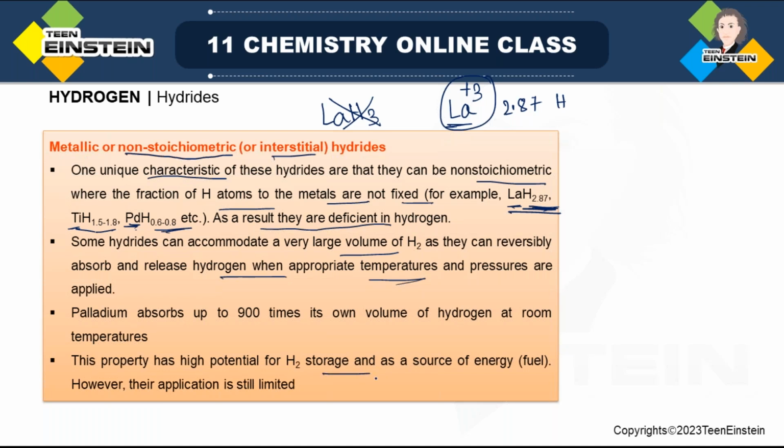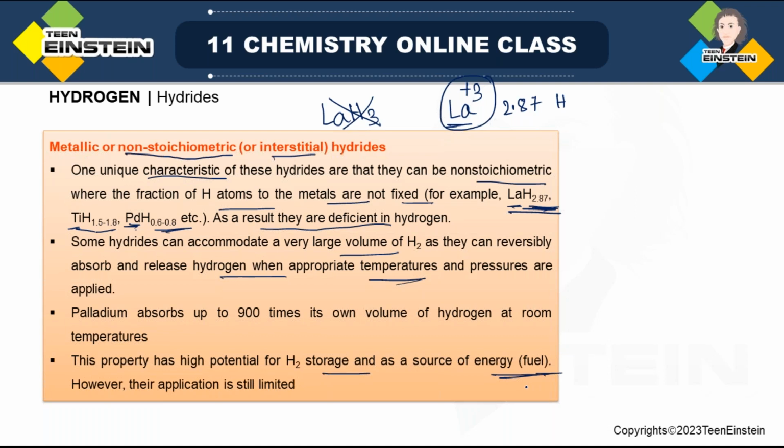We can use it as hydrogen storage, that is, as a source of energy, or it can be used as fuel, because we have already seen in the applications of H2, which we started today's class with, how H2 can be an energy source.